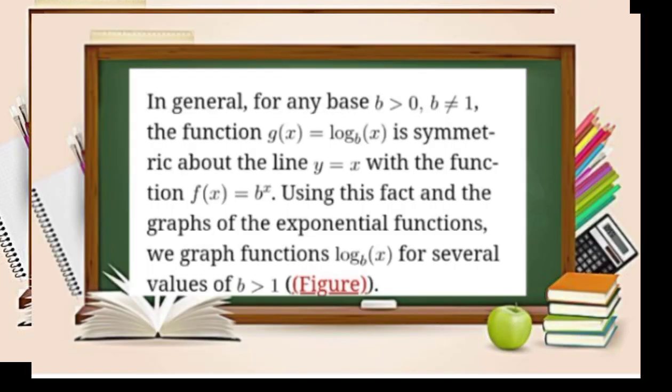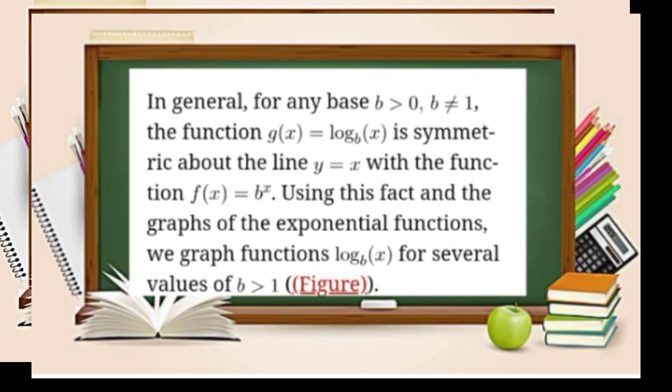So in general, for any base b greater than 0 and b not equal to 1, the function g(x) equals log_b x is symmetric about the line y equals x with the function f(x) equals b^x.